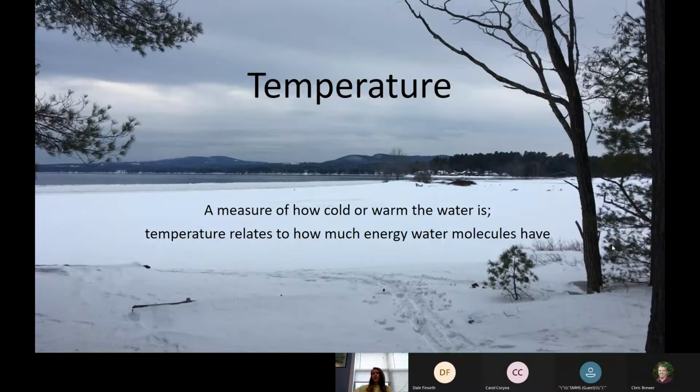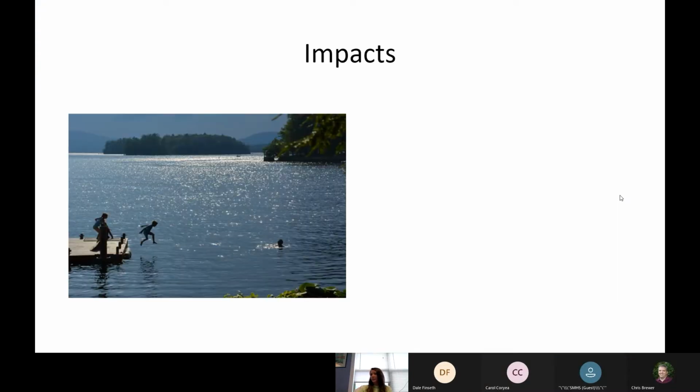So the next test we'll look at is temperature, and this is going to be important for the things that are living there, especially, but it can also have a big impact on and relate a lot to the other water quality parameters as well.